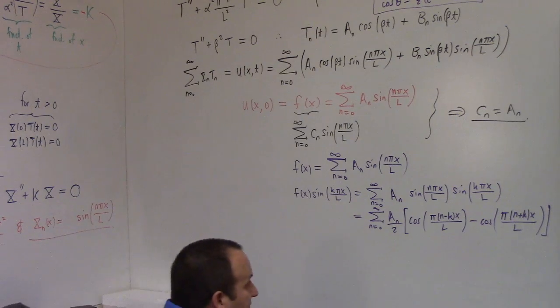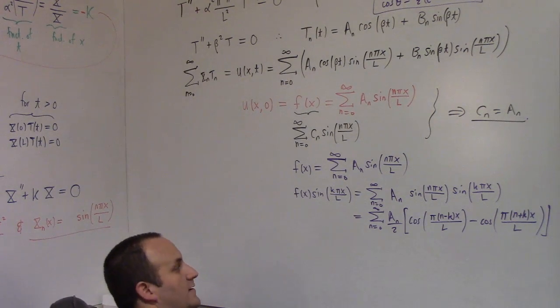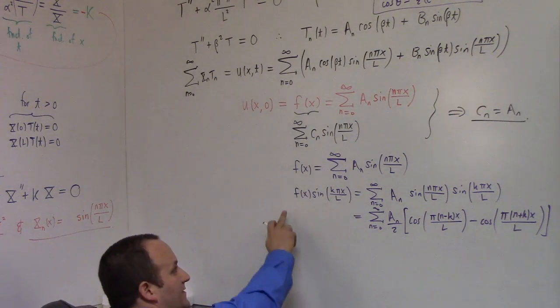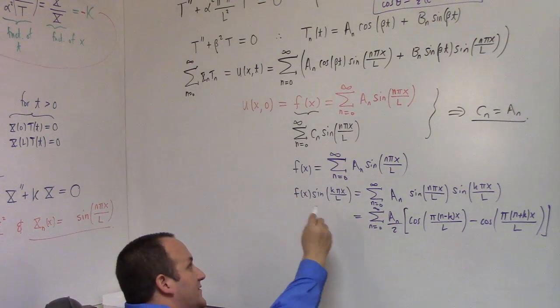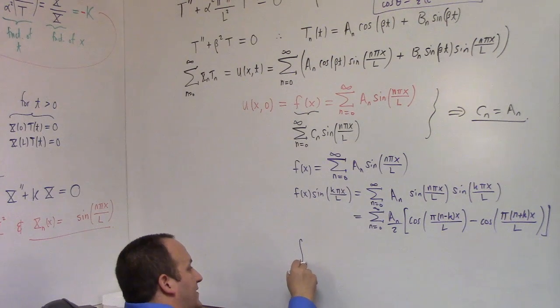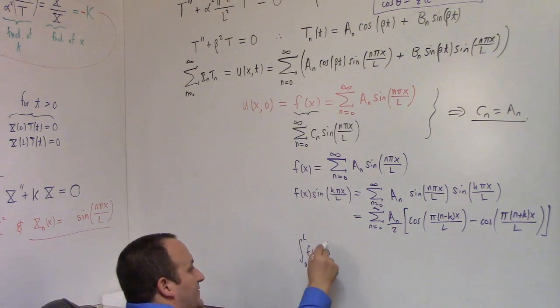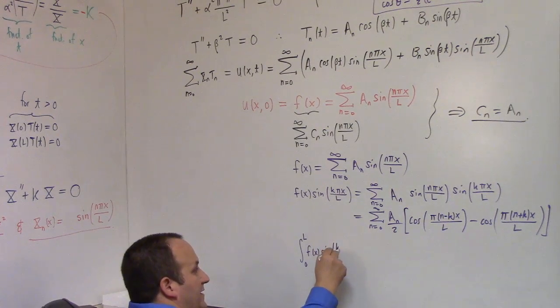Okay, anyway, so then what you do is you integrate this sucker from 0 to L. So you just say, okay, well, integral from 0 to L of f of x. Keep in mind, f of x is some given but unknown function, right?